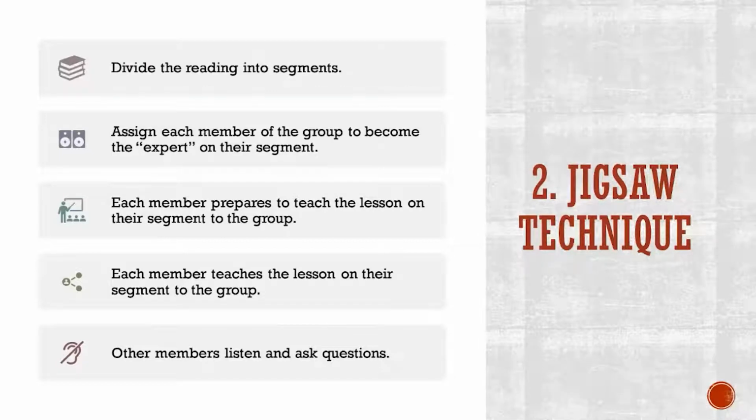So when we assign members of a group to become experts on specific segments, I could think, for example, about online courses. We can have an assignment where the class is divided into groups. Each group is going to work on a specific chapter or a specific section of a chapter.